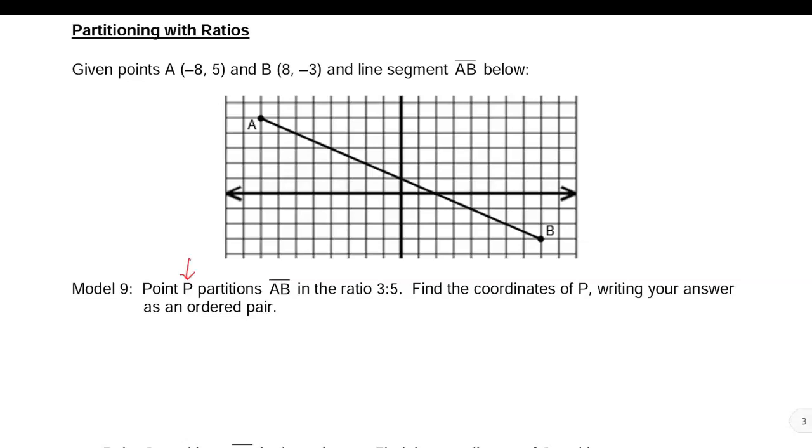This time P is dividing the segment up into a ratio of 3 to 5. So I would like you to think of that as 3 parts to 5 parts, for a total of 8 parts.